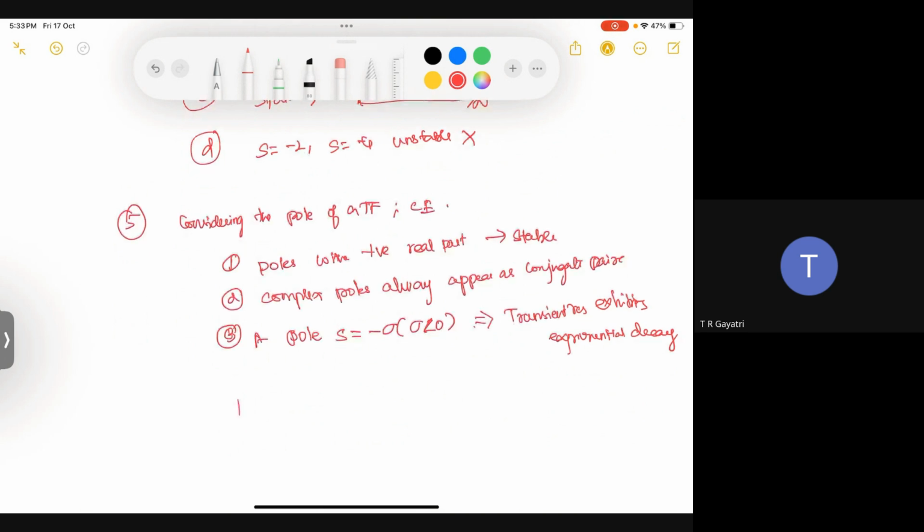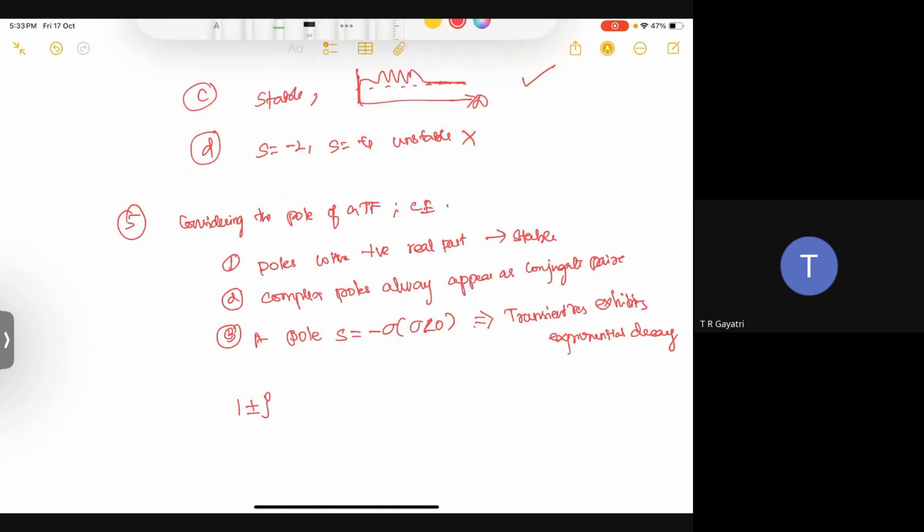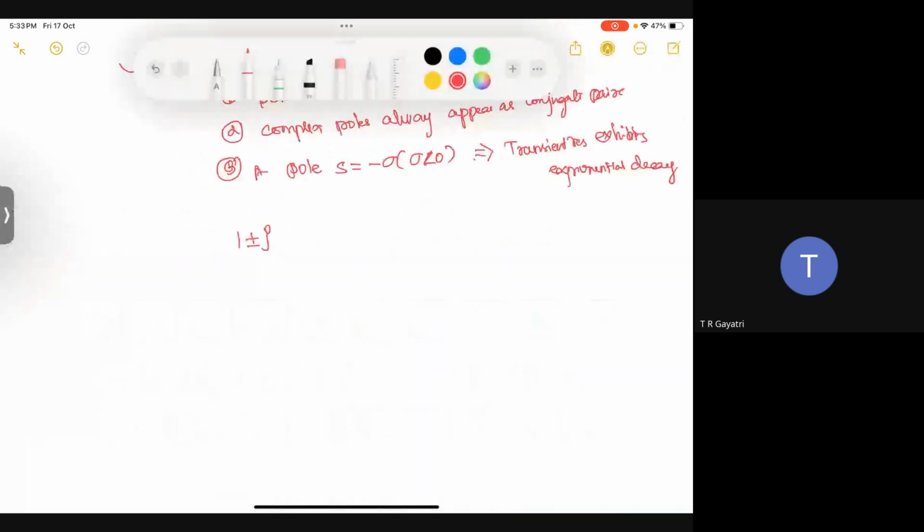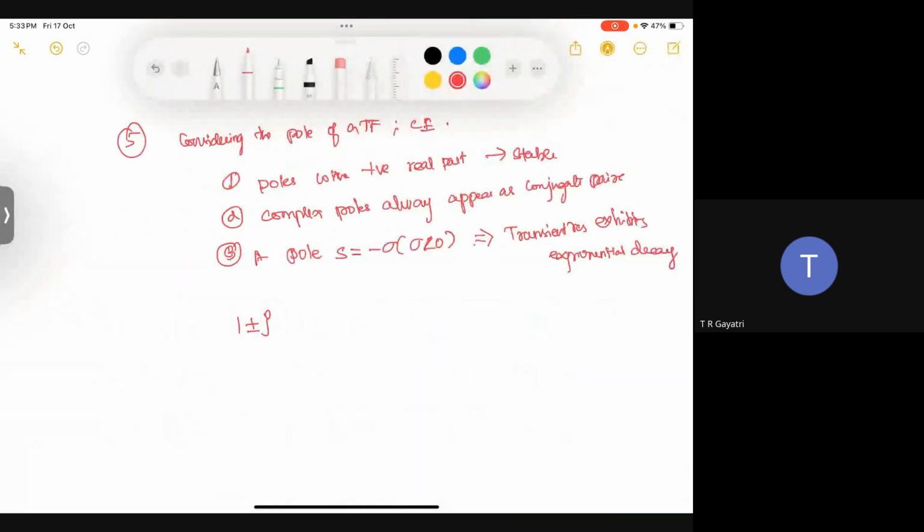Either it will be plus or minus, it will always have a pair of poles when it is complex, even if it doesn't have a real part. And the first option, poles with positive real part being stable: is this region stable? No. So this will be a wrong option, and this will be a correct option.